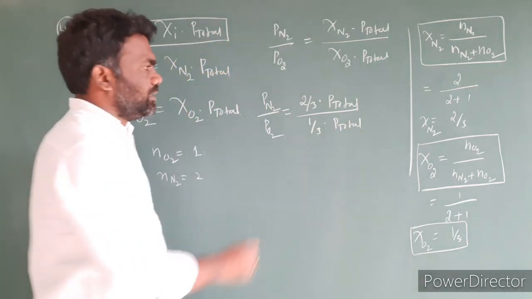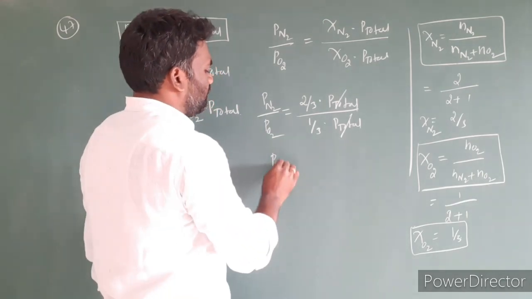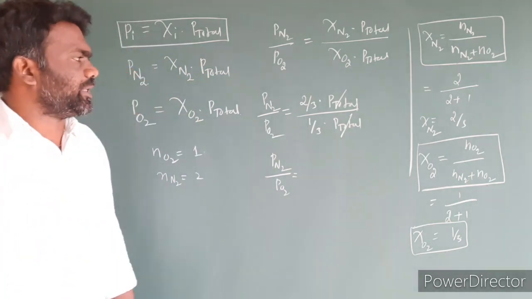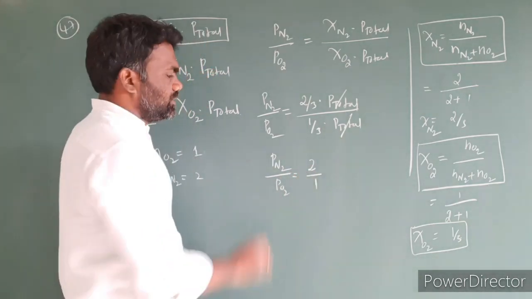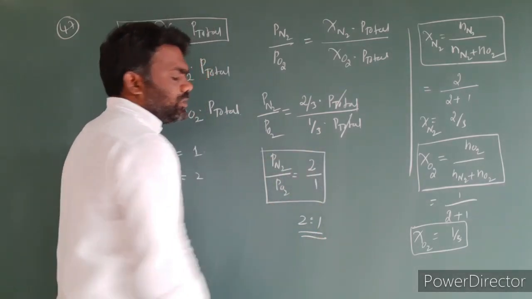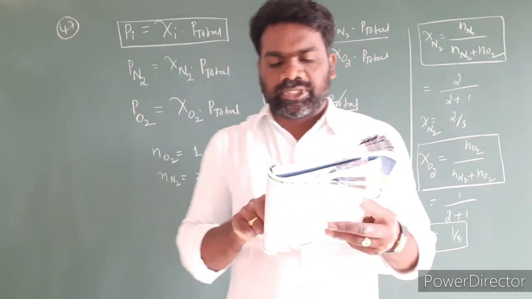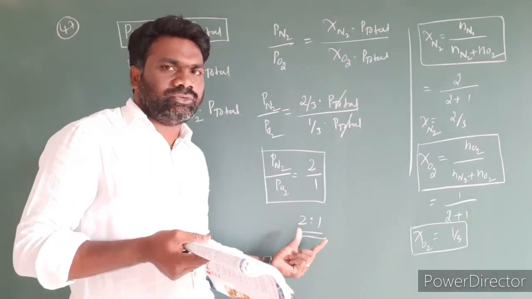So P total gets cancelled. The partial pressure of nitrogen by the partial pressure of oxygen is 2 by 1, the simplest ratio, 2 is to 1. So the ratio of partial pressures of nitrogen and oxygen in the mixture is 2 is to 1.